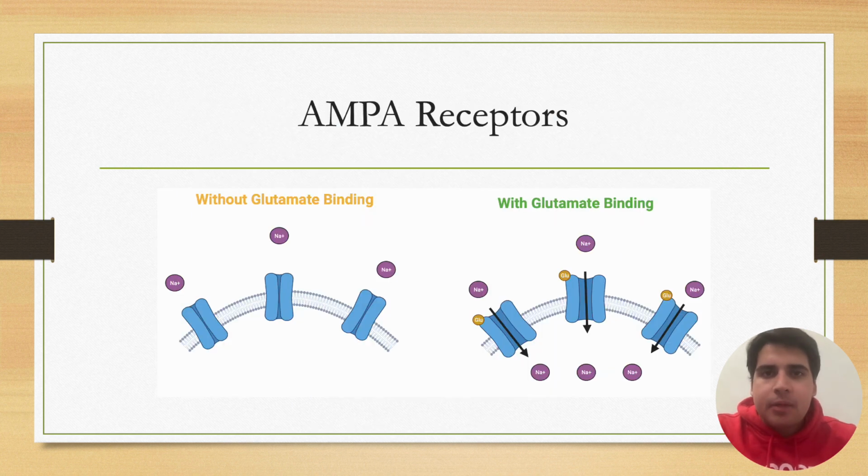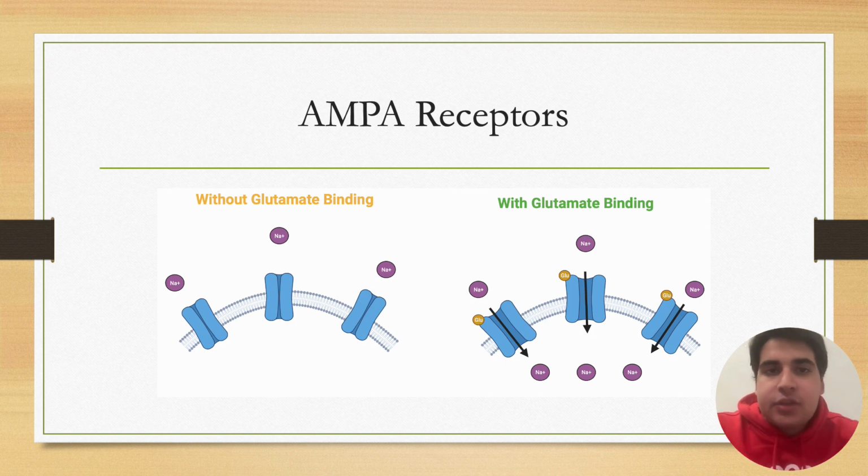There are two main types of receptors that we should be aware of when talking about long-term potentiation. The first of these are the AMPA receptors, and the second one, which we will get to in the next slide, are the NMDA receptors. Essentially, AMPA receptors bind to glutamate, and as a result of binding to their neurotransmitter, they open up and allow sodium to rush into the postsynaptic neuron and depolarize the cell membrane.